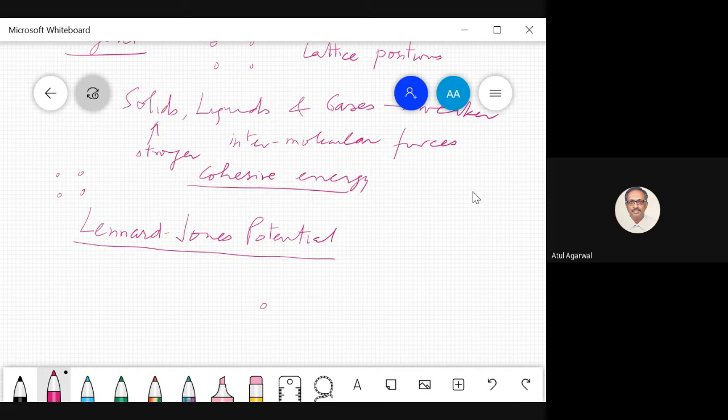You have two atoms, for example. The potential energy between the two atoms is a function of their interatomic distance, and you will find that it goes like this. This is the position of minimum potential energy, and this is known as the equilibrium distance.